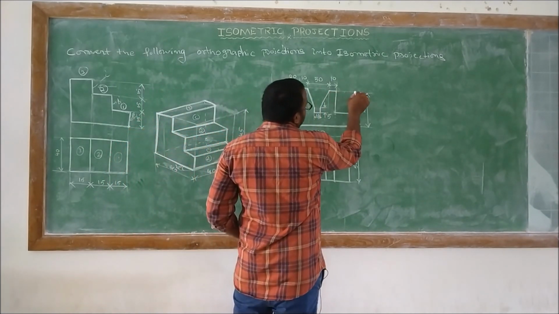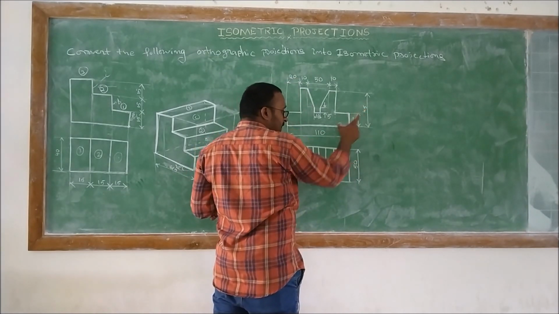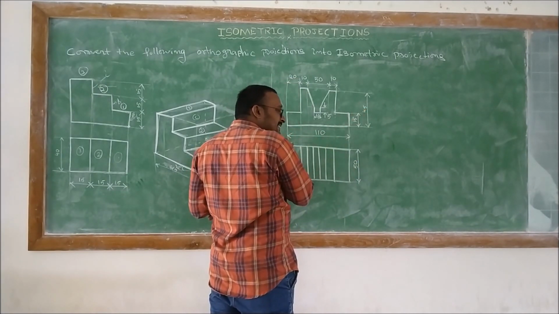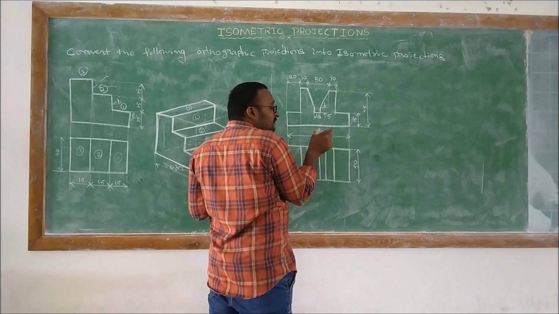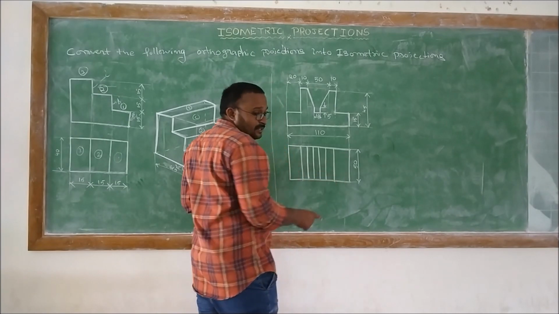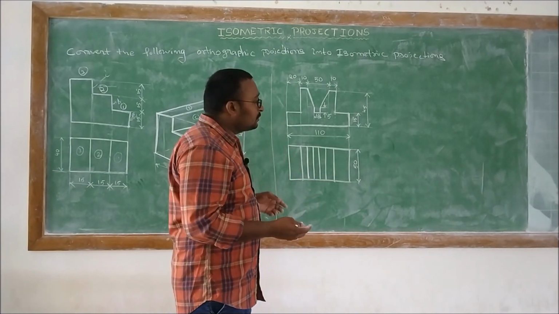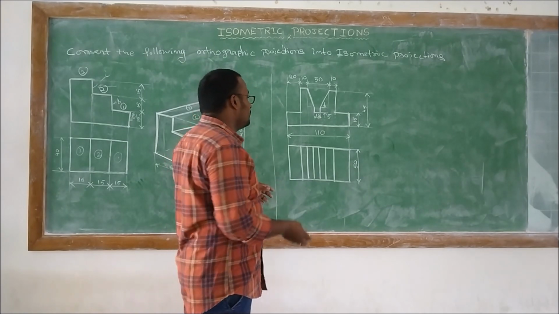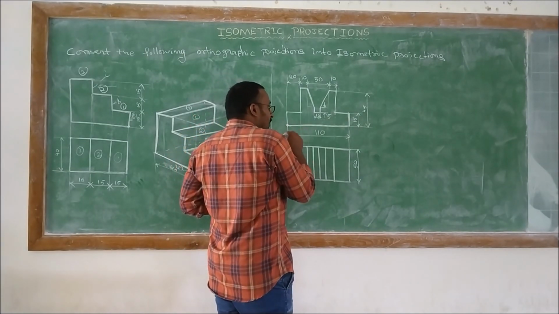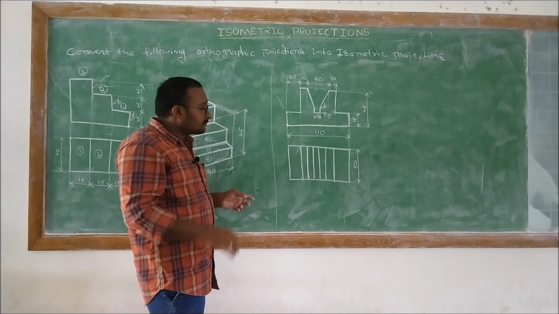Directly, based upon the given dimensions, that is 45 is the height, and then 110 is the total width, right? And then 50 is the height. Based upon that, we need to create the front view, top view, and side view. Let us say this is the main portion.